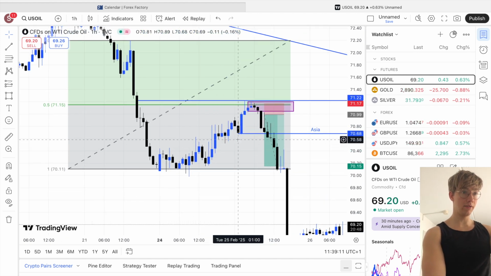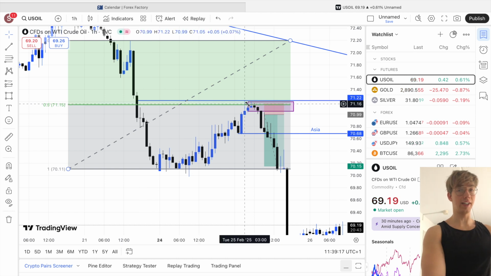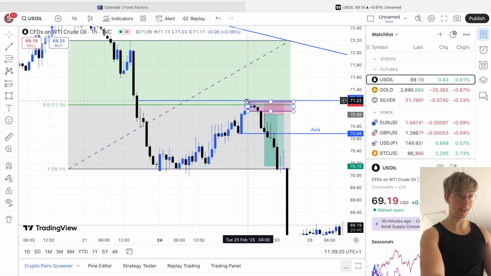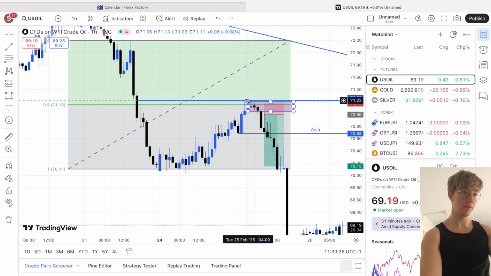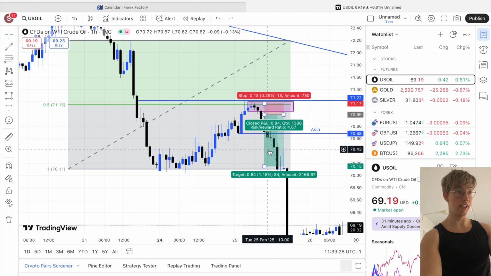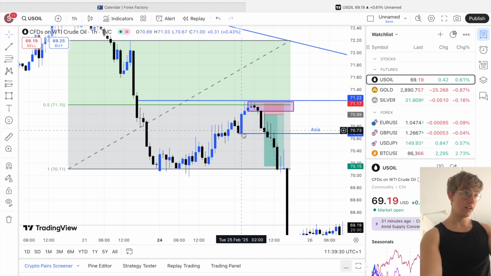And then another night goes by, and then we hit equilibrium. I was like, okay, so that was the retracement. Now it's done. And I was just waiting for us to retrace into this, because oil often hits equilibrium, I've realized.